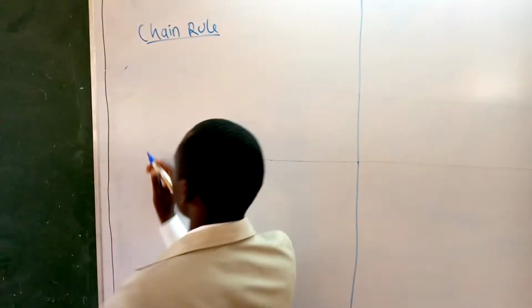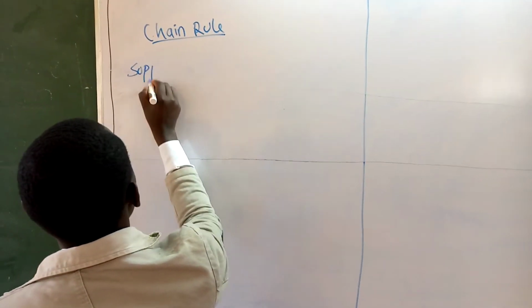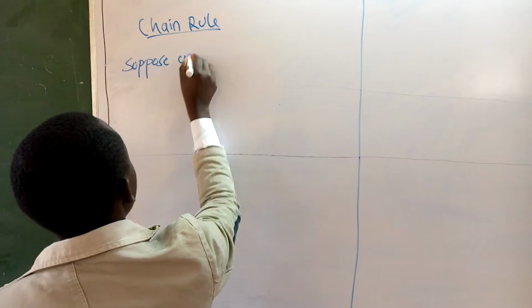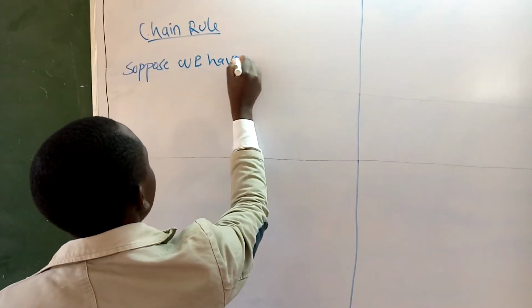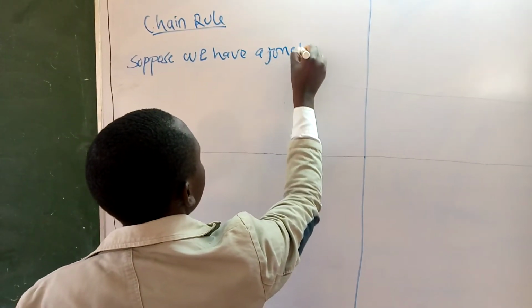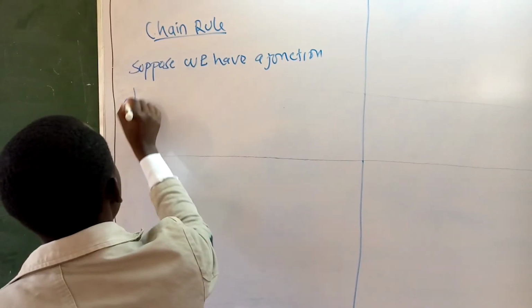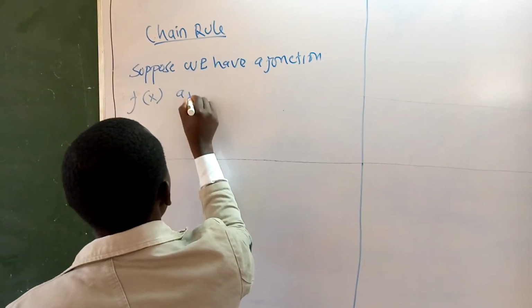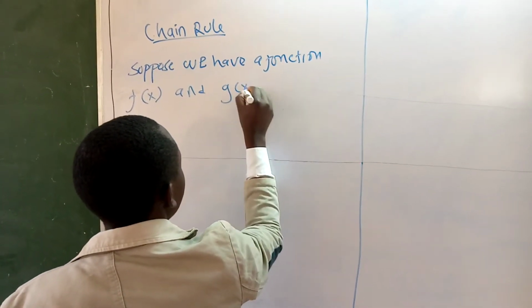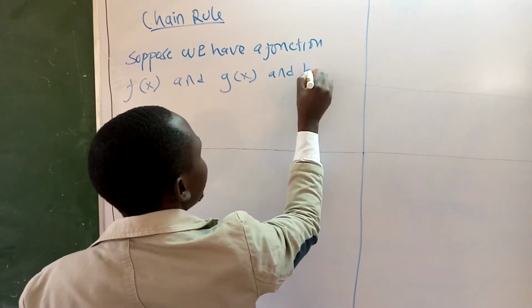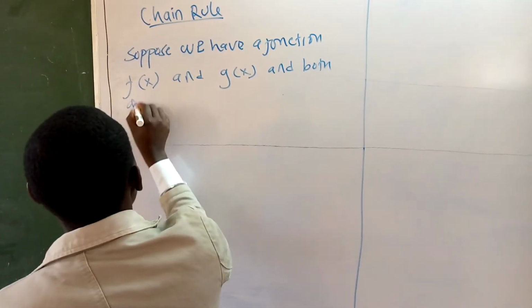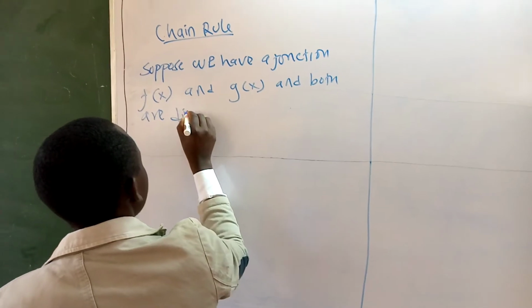First, suppose we have a function f of x and g of x, and both are differentiable.